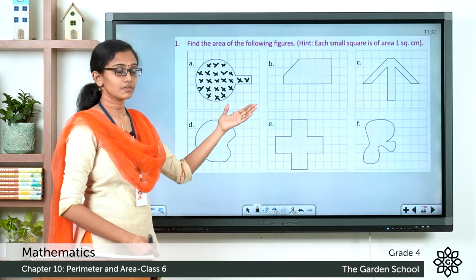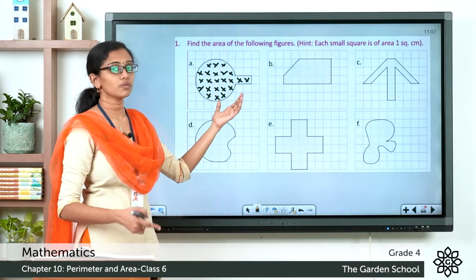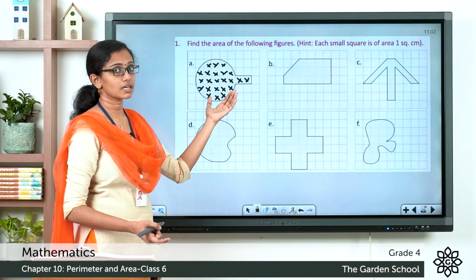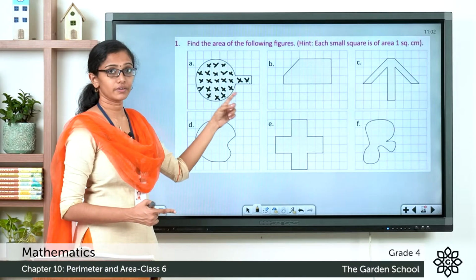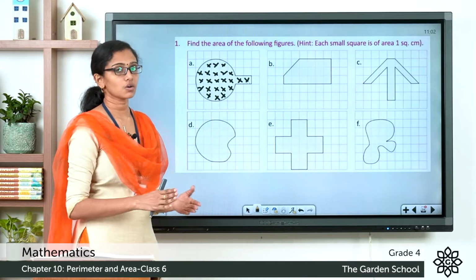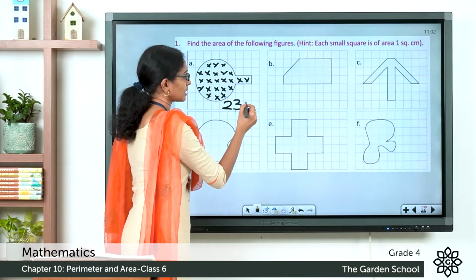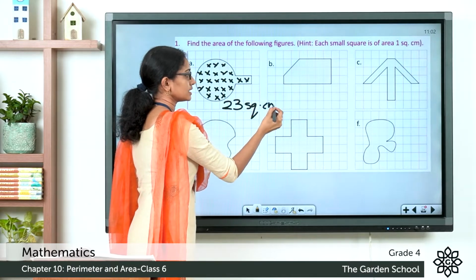So this figure covers a few full squares and some squares which are covered by half or more than half, and that is equal to 23 squares or 23 square centimeter. And you can also see a few squares are covered in less than half. You can ignore them. So in this case, for question A, the approximate area is equal to 23 square centimeter.